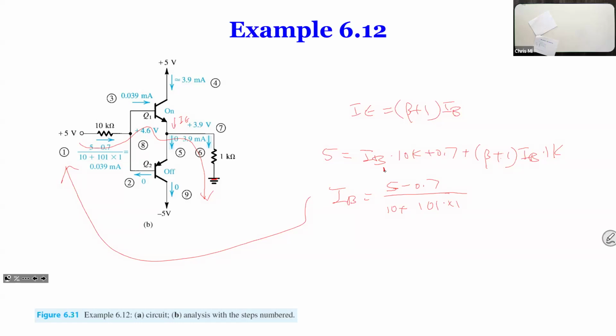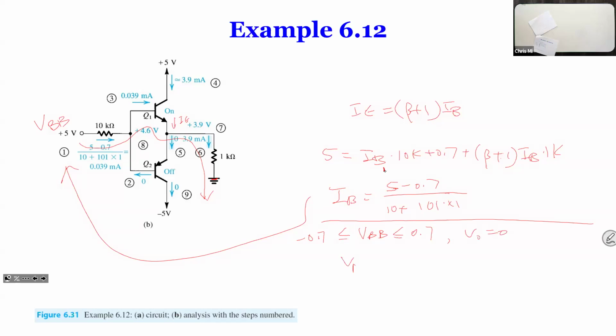As you guys asked, I want to summarize here. Let's say this is VBB. If VBB is larger than minus 0.7 but less than 0.7, the output is always going to be 0.